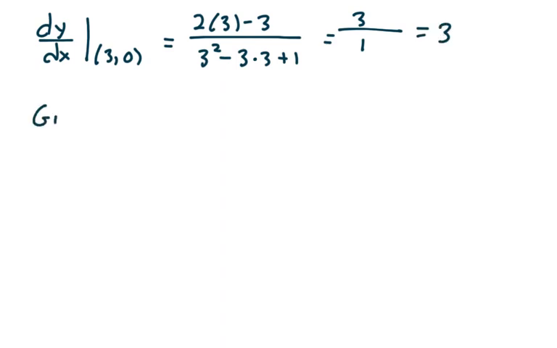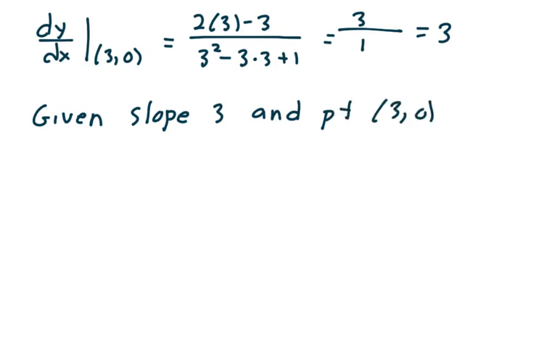So we're given slope 3 and point 3, 0. Okay?